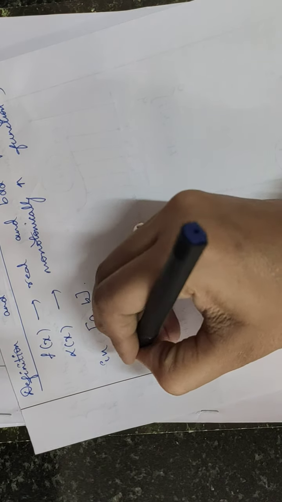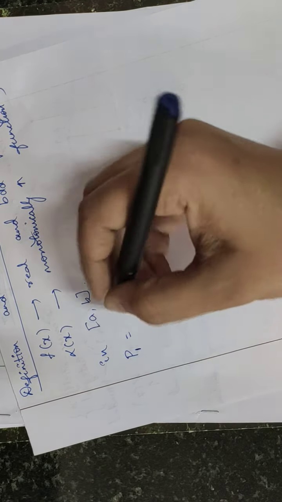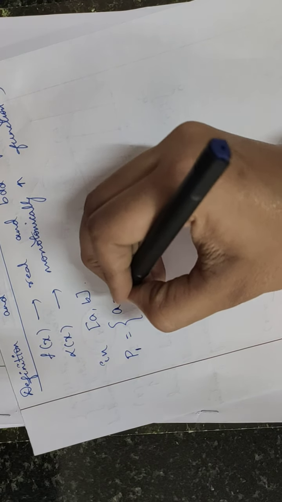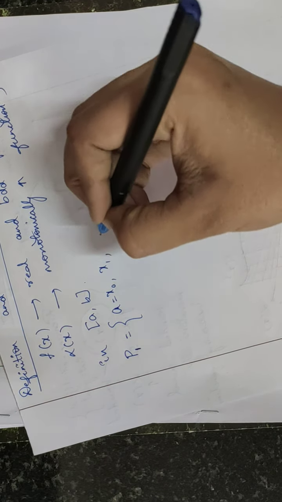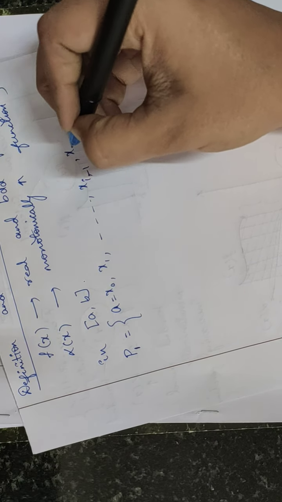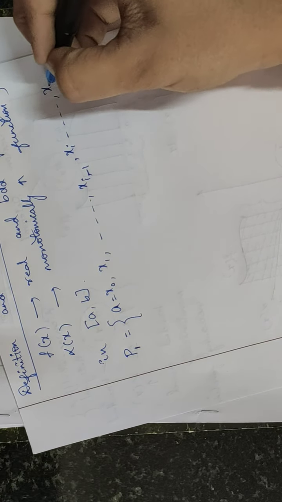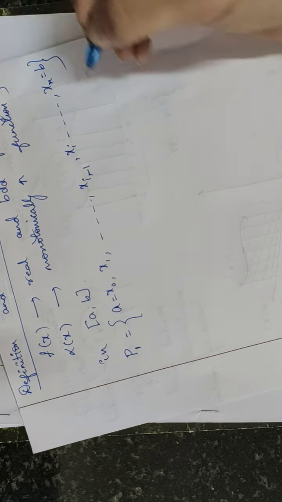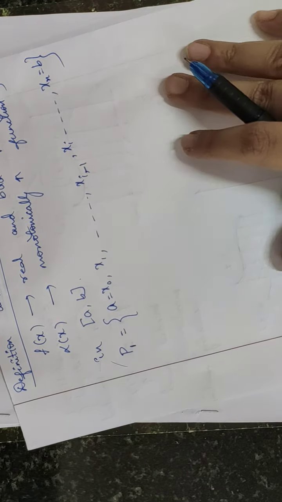As usual, as we were doing in the Riemann integral, first I will define my partition. Let us consider partition as P1 here. So this will be a is equal to x0, x1, so on up to x i minus 1, x i, so on up to x n, which is equal to b. This is my partition P1, right?